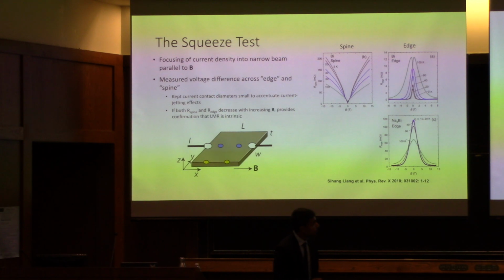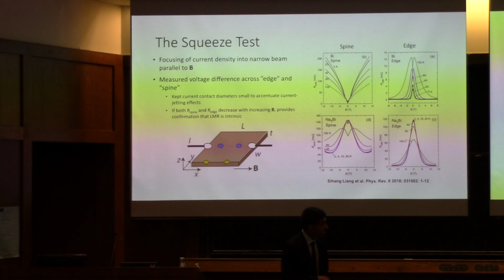However, we see the same profile in sodium-3 bismuth. We see the same characteristic hat shape. However, on the spine, we also see the same hat shape. That means we still experience a negative longitudinal magnetoresistance across both the spine and the edge, whereas in crystalline bismuth, you don't see that in the spine. So that means any effects due to current jetting are very minimal compared to the strength of the chiral anomaly.